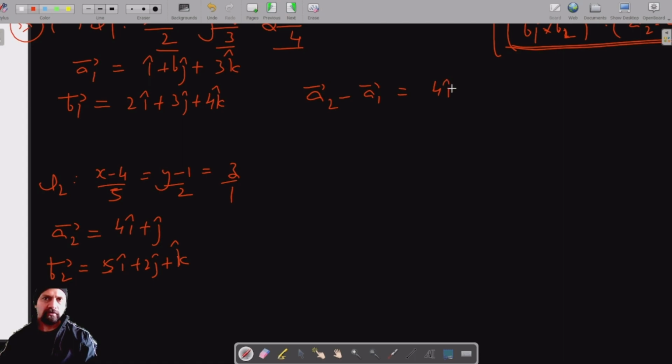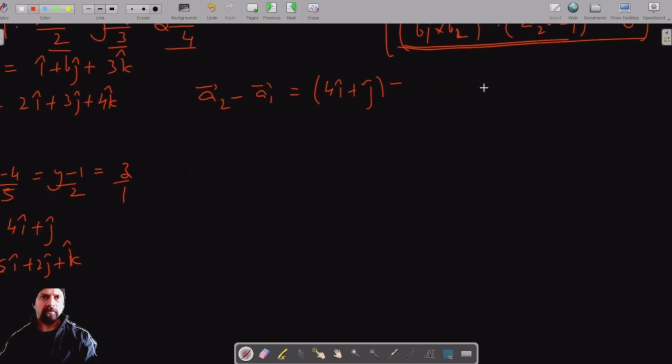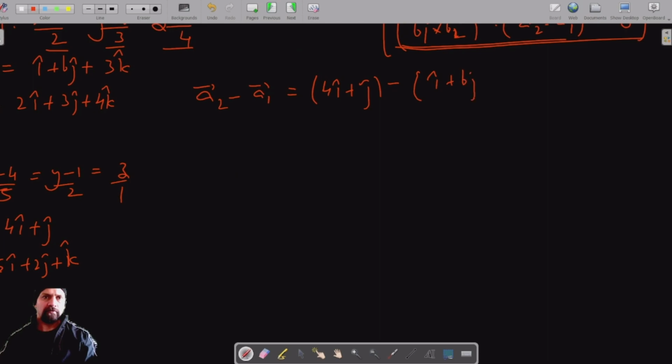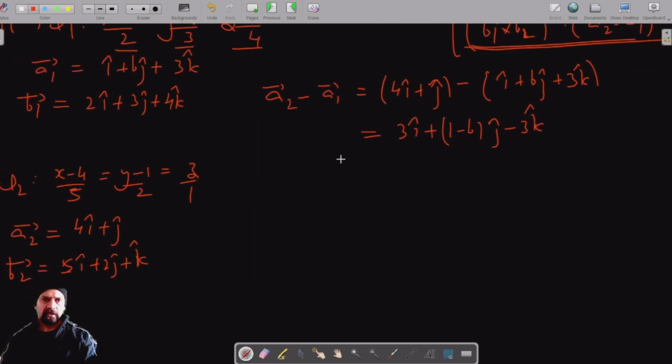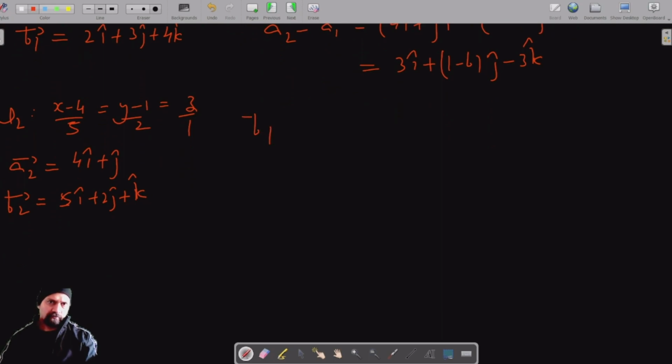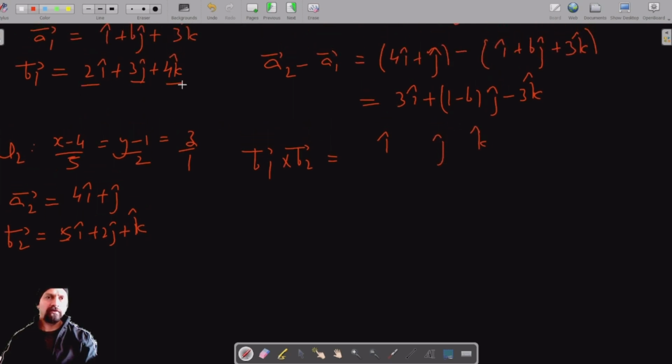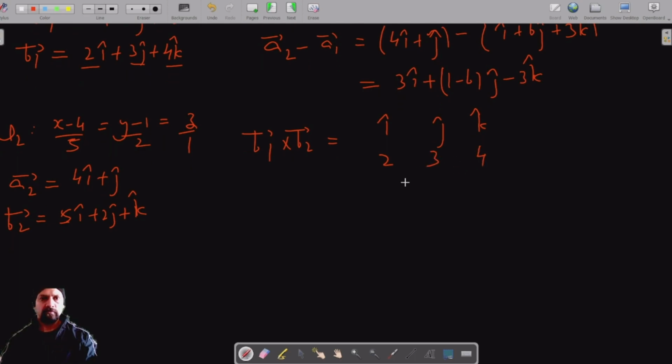So a2 is 4i cap plus j cap minus a1, which is i cap plus b j cap plus 3k cap. So 4 minus 1 is 3i cap, then 1 minus b times j cap, and minus 3k cap. This is a2 minus a1. Now let's find the cross product of b1 and b2: i j k, b1 has components 2, 3, 4, and b2 has 4, 2 and 1.